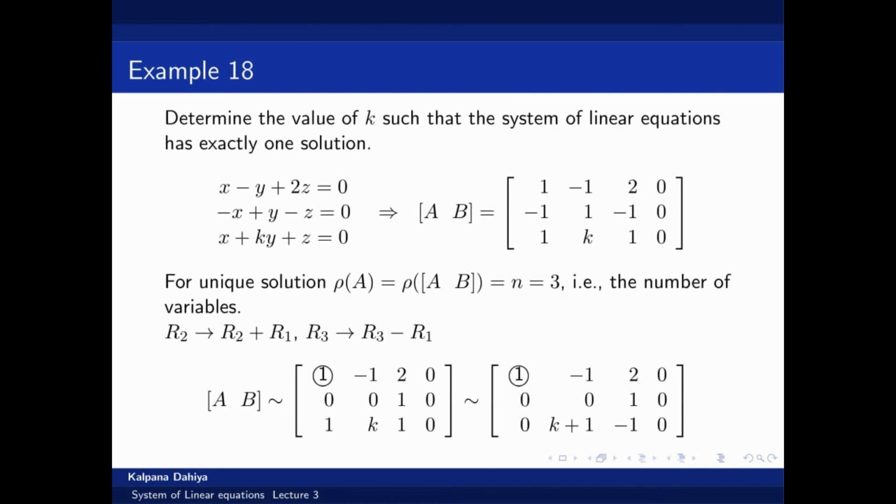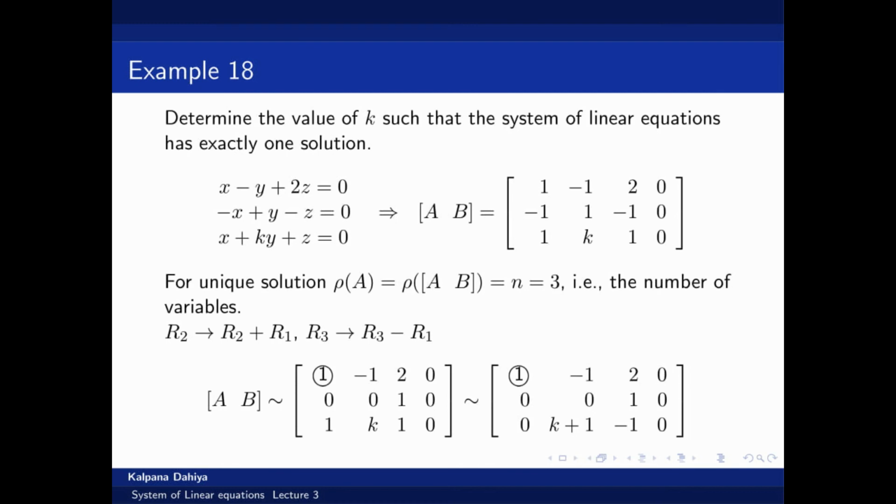Now for a unique solution, rank of the coefficient matrix is same as the rank of the augmented matrix, and this is equal to the number of variables, that is 3. So now we reduce this matrix to echelon form by applying elementary row operations, and we try to see the rank of the matrix. So first row, first entry is non-zero and it is 1.